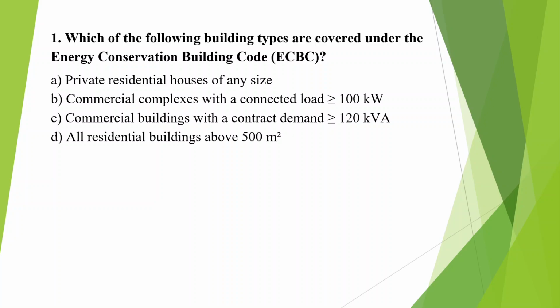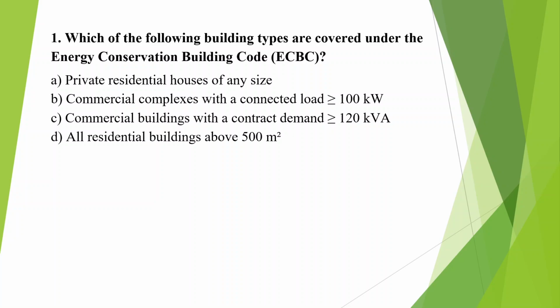As discussed in the slide, ECBC applies to commercial buildings or complexes having a connected load of 100 kilowatt or greater or a contract demand of 120 kilovolt ampere. So it was discussed that ECBC does not cover private residential buildings.